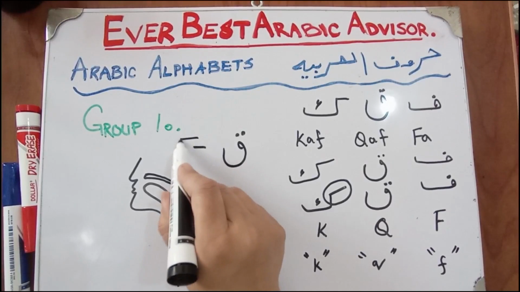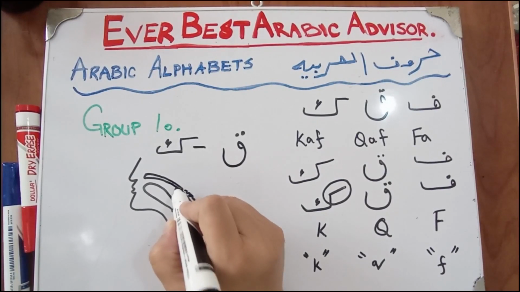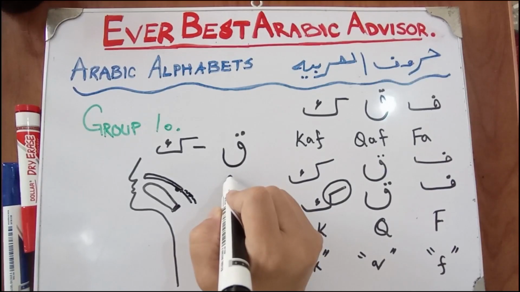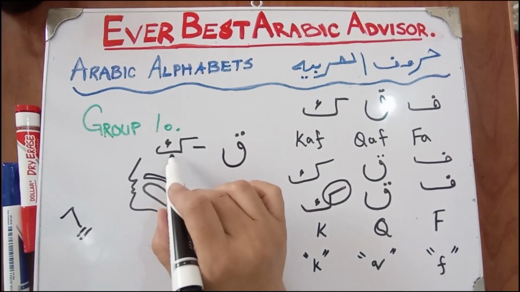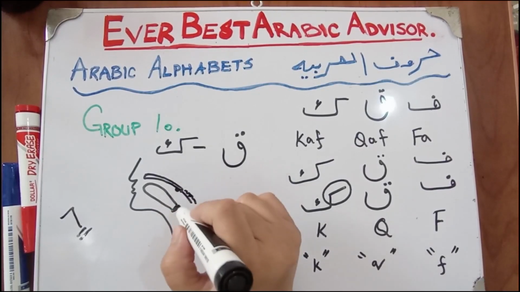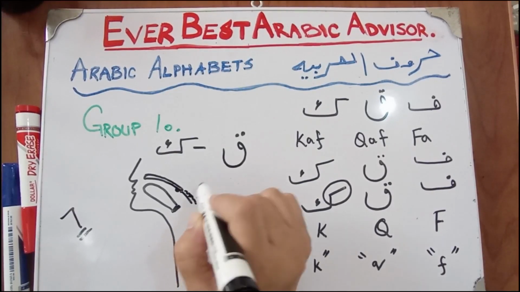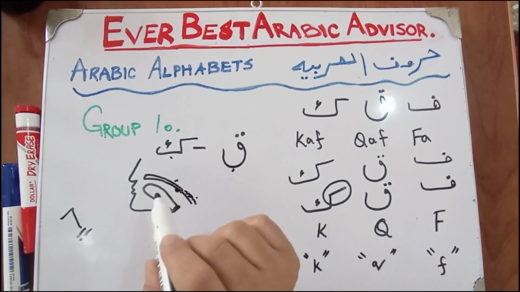And when the root of the tongue touches the hard part of the palate, kaf is pronounced. Qaf is one of the seven heavy letters of Arabic, and kaf is a light letter.